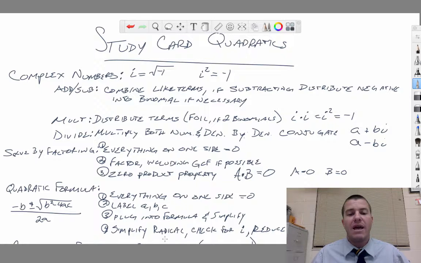If that radical can be simplified, simplify using birthday cake factor tree. Check for any i's. If it's a negative, you bring out an i. And reduce if each term can be simplified by the same factor. Remember, you can't simplify with anything inside of the radical, but only the things that are on the outside.